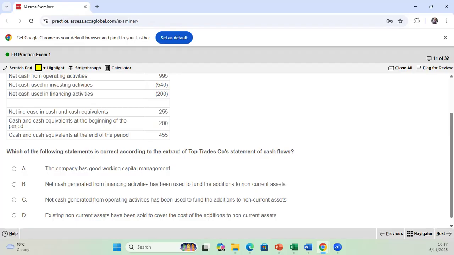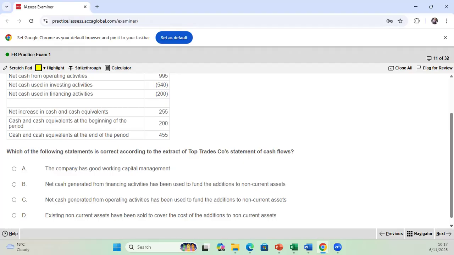Indeed. Then going back, so now we are left with A and C. A, the company has good working capital management. So working capital management is also the current assets less the current liabilities. Working capital is higher, it means we have more current assets and less current liabilities.